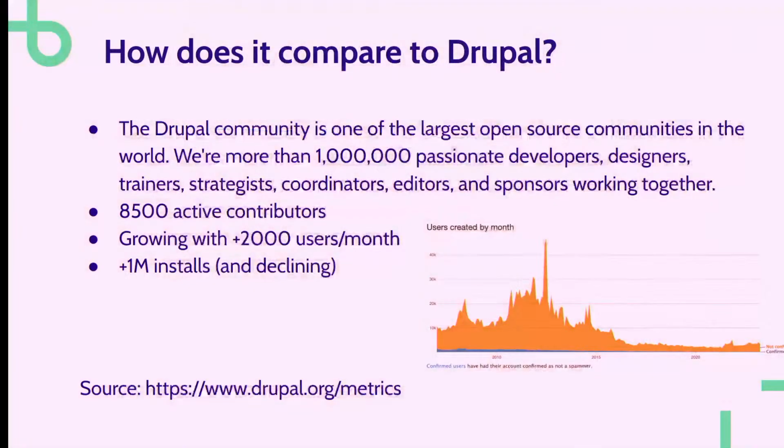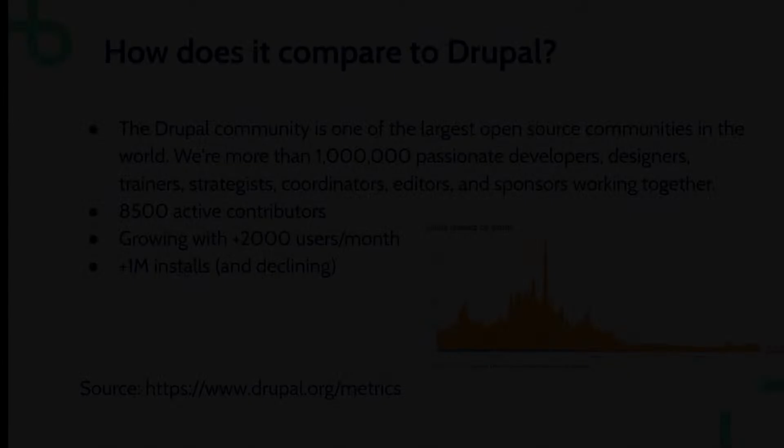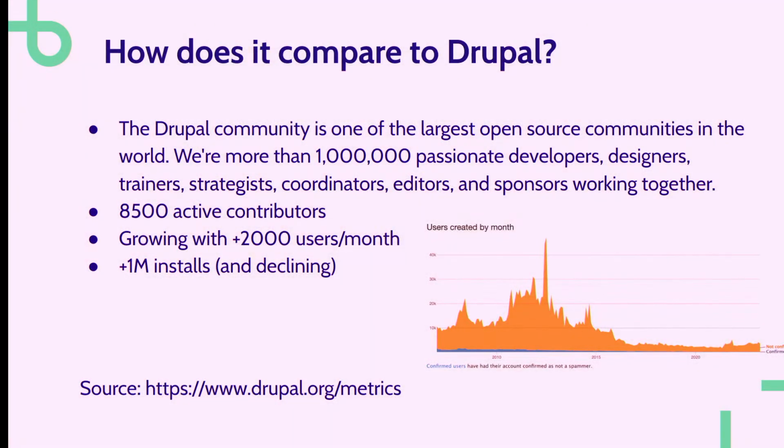Now, how does it compare to the Drupal community? Look, the Drupal community is more than 1 million, with 8,500 active contributors. So that's a lot of people, still growing with 2,000 users a month. But on the other hand, the number of installs is declining, as we all know, from the peak in 2017 of 1.2 million installs towards, I think, 780K.